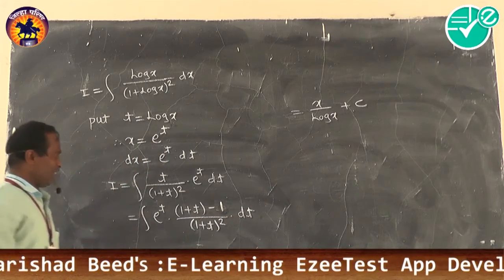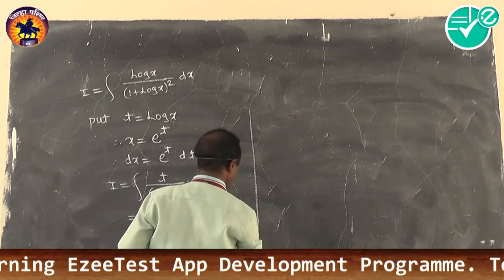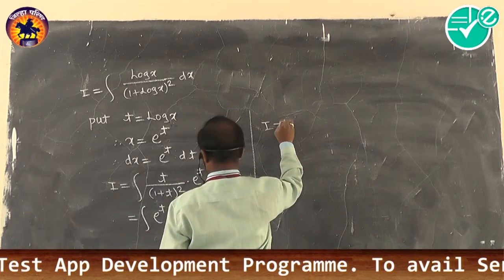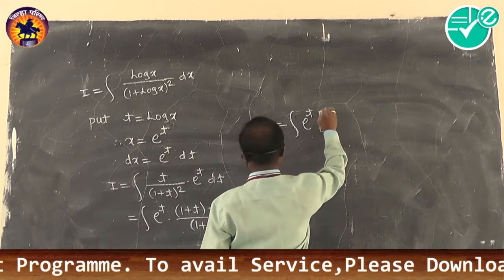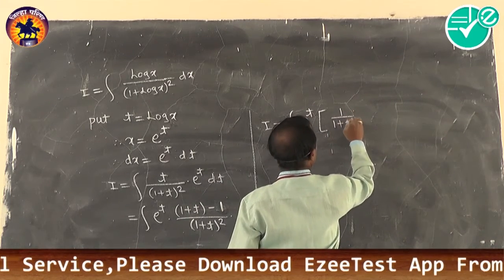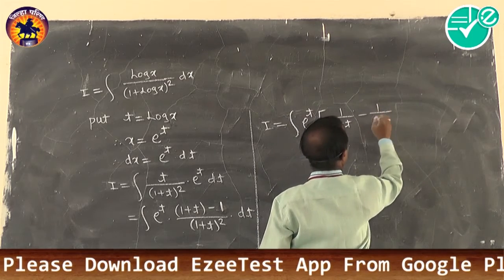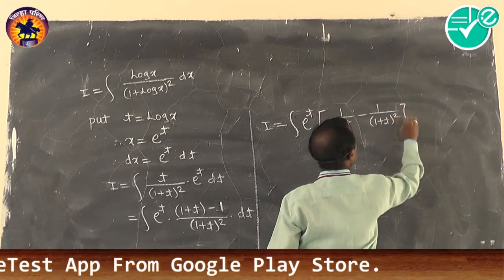Now separate the divide. So we get I is equal to integral of e raised to t into (1 upon 1 plus t minus 1 upon (1 plus t) bracket square) dt.